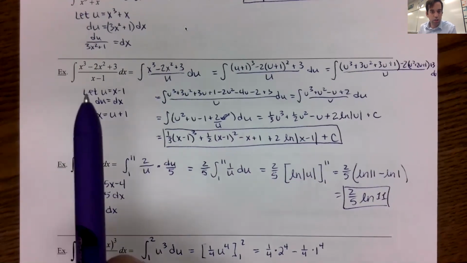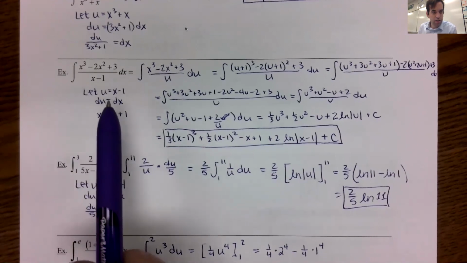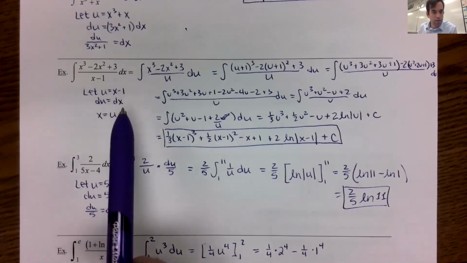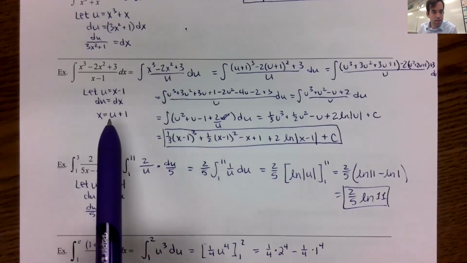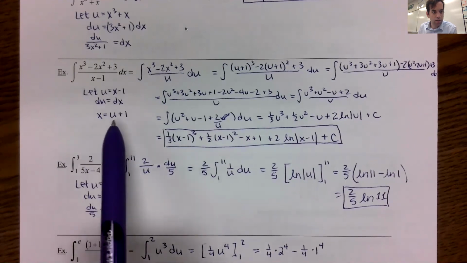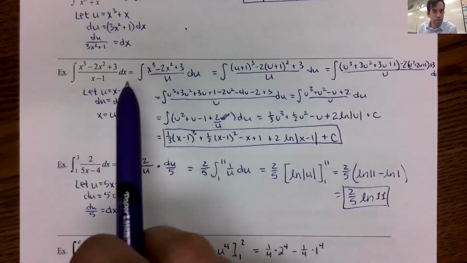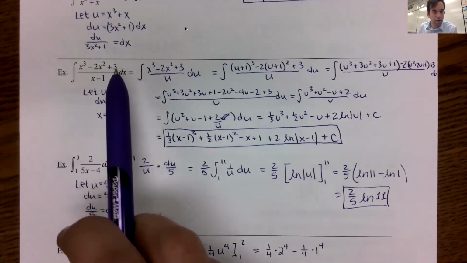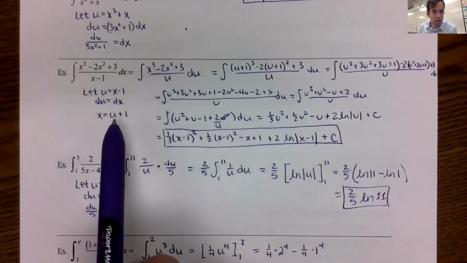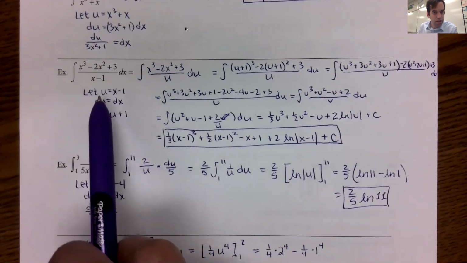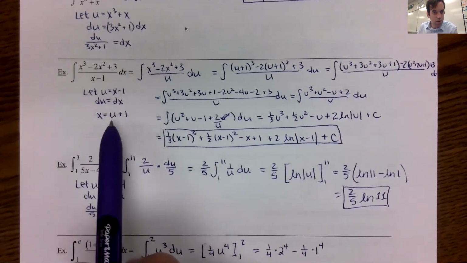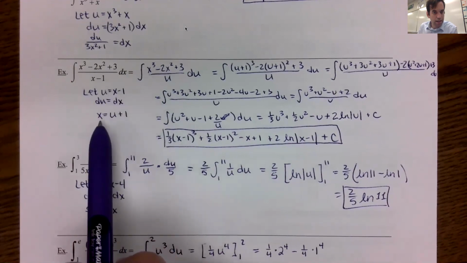In the second question, a little bit more complicated here. U is x minus 1, du is dx, and x is u plus 1. Okay, so that's important for this question because we don't have any way of getting rid of the numerator. So an alternative way to get rid of the numerator or any extra x in your question is to solve the u equation for x instead.